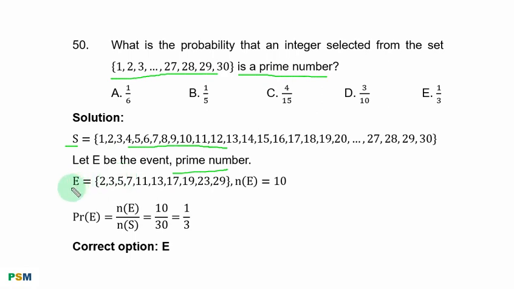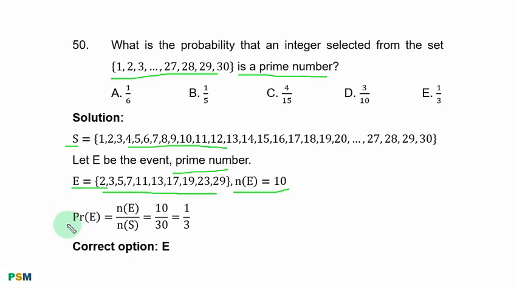Therefore, set E is equal to, you come here and list all the prime numbers. You have them in this form. They are 10 in total.